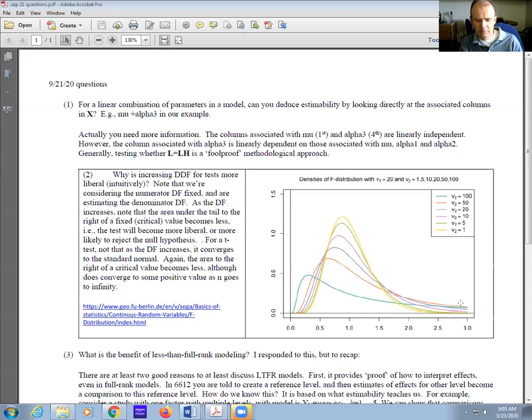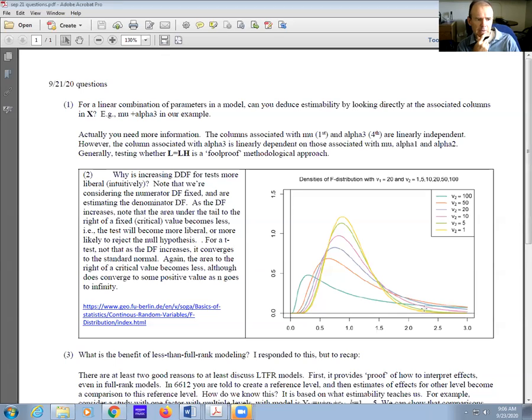Do you have more or less area under the tail? You can see that the distribution gets more pointed and you get less area in the tail as you increase the denominator degrees of freedom. That means you'd be more likely to reject the null hypothesis, so increasing the degrees of freedom is a more liberal approach.